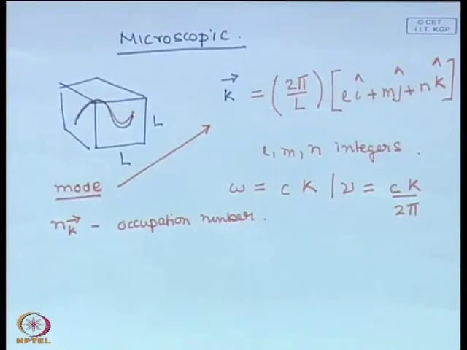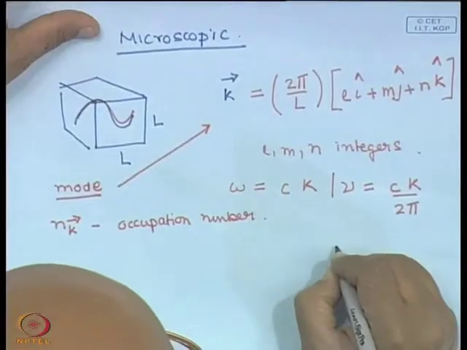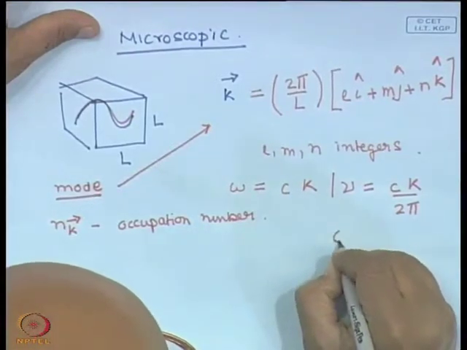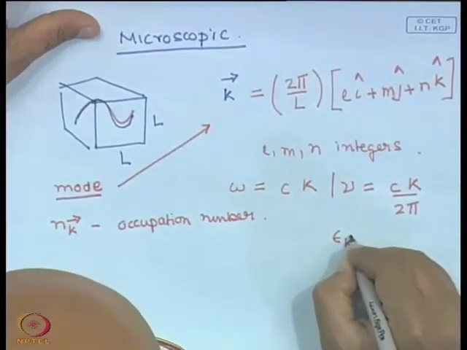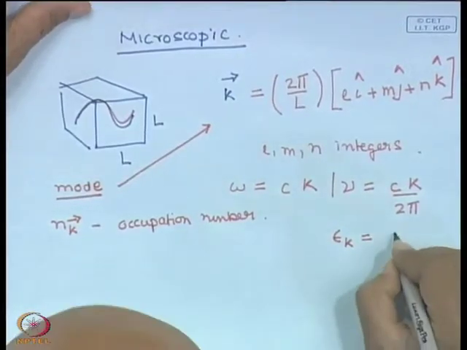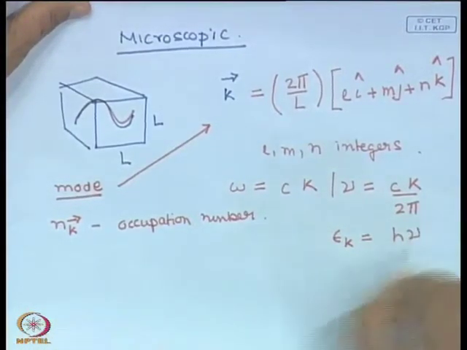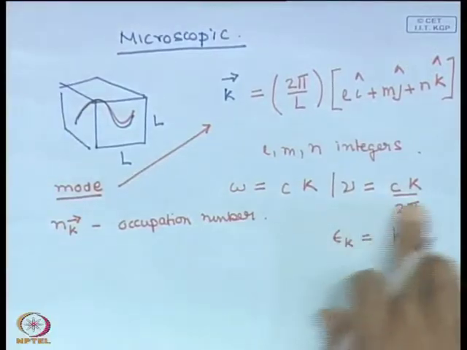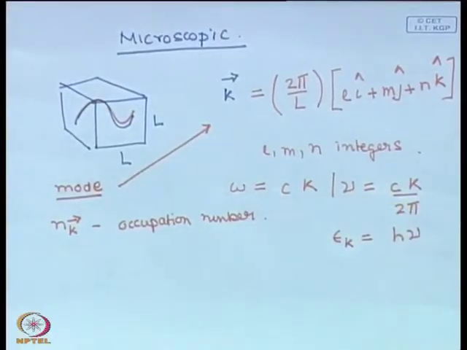Okay. Further, the energy associated with any mode, let us call it epsilon k, is equal to h nu, the energy associated with one photon, where nu can be calculated for that mode like this, right.